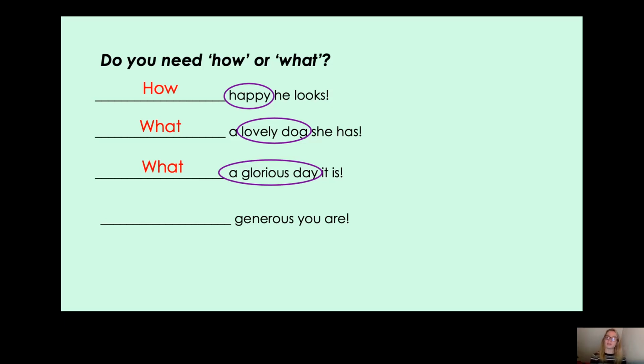What about the next one? Generous you are. We've got the word generous. What type of word is generous? Yes, it's an adjective. So do we need how or what? Yes, we need how. We always have how before an adjective in an exclamation sentence. So yes, just to recap, before a noun phrase, we have what, and before an adjective, we have how.